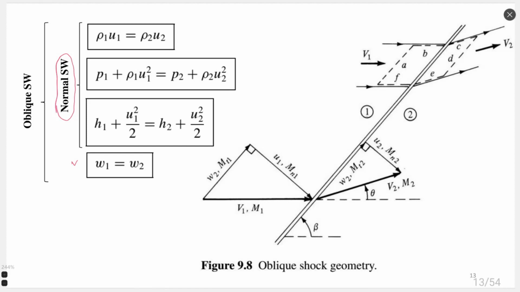For us, it's a very big advantage because we already know how to solve flow properties that change through a normal shock wave. So we take this model, we make a calculation of the normal component of velocity before the shock wave, and calculate in the same way such a transition from U1 to U2 according to normal shock wave theory, because all equations are the same.